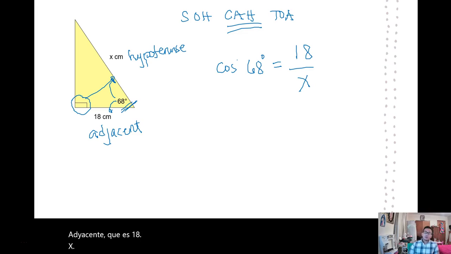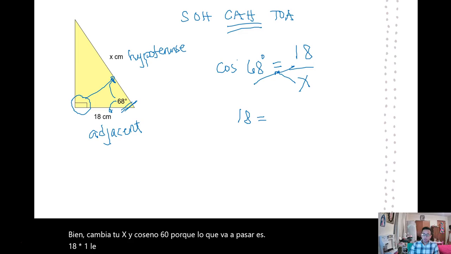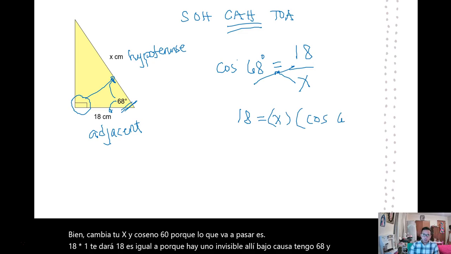If you encounter this type of problem, you'll just exchange it. Exchange your x and cosine 68, because what will happen is 18 times 1 will give you 18, because there is an invisible one under cosine 68, is equal to x times cosine 68.